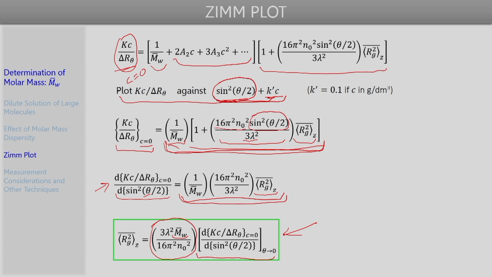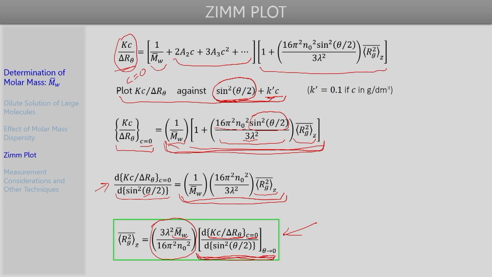And this derivative will correspond to the slope of the curve obtained by joining all the points under the condition c equal to 0, and that slope in the limit when theta is small will give us this derivative. Now let us see how.